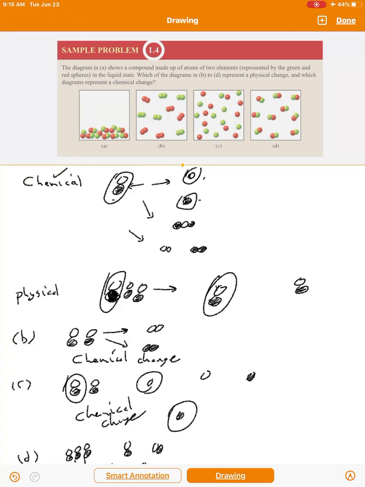A physical change can be thought of as a process that could be reversible. So if you melt water, you can refreeze it and it's still water. But inherently, at a deeper level, the question is, what is water? And water is H2O, right? That's water. 2 hydrogens and 1 oxygen.